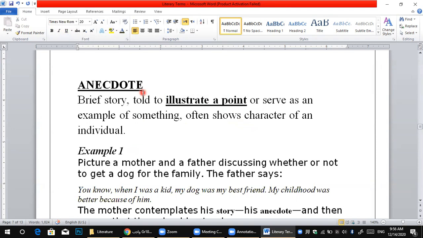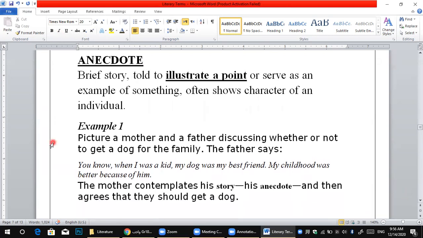Again, Mister, we don't understand. Okay, for example, picture a mother and a father discussing whether or not to get a dog for the family. And the father says, you know, when I was a kid, my dog was my best friend. My childhood was better because of him.